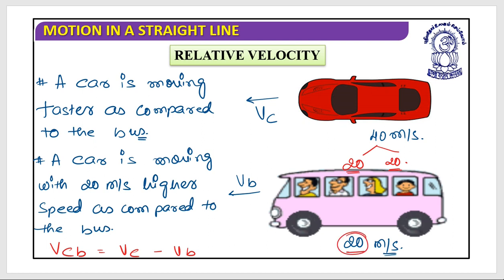Now this 20 is carried by both. This has a 20, this has a 20, but this has 20 only and this has 20 more. So I can say that this car is moving with 20 meter per second higher as compared to the bus. I hope these things are clear to you.